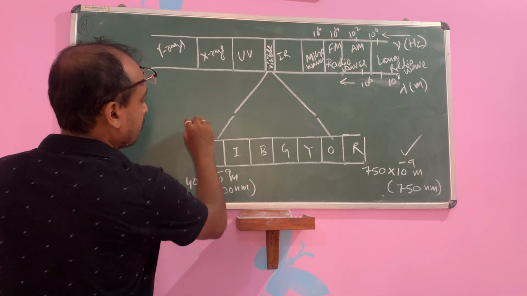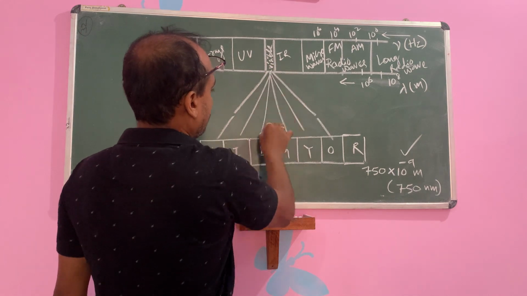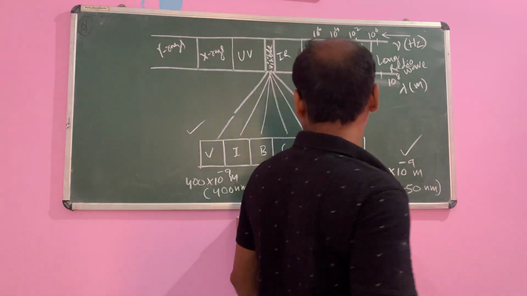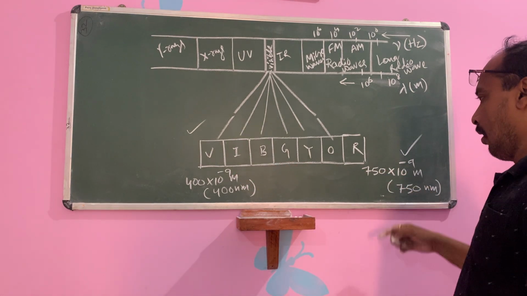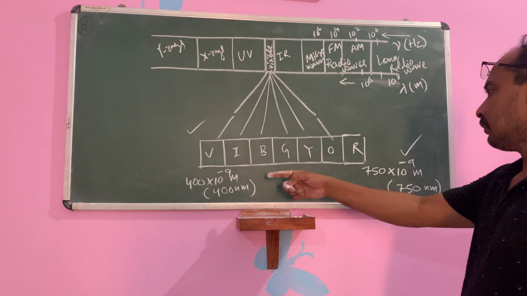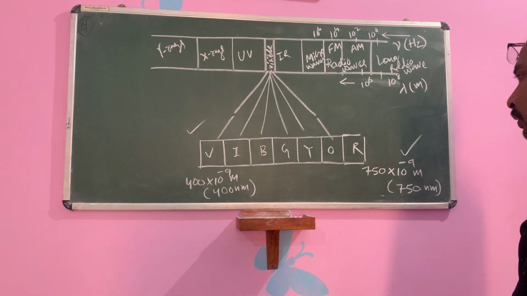You have to remember, this is also related to physics, in physics second year. Electromagnetic spectrum, VIBGYOR. You see the wavelength, children. Wavelength decreasing, 750 to 400.